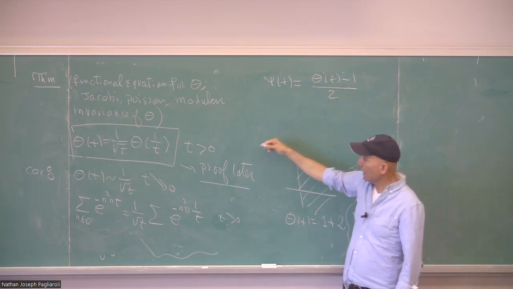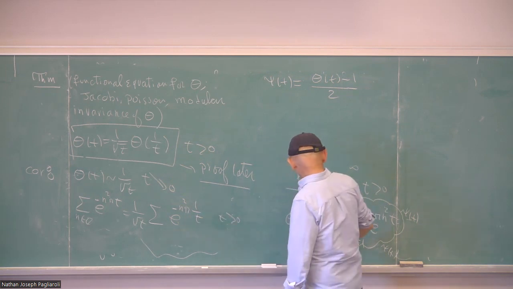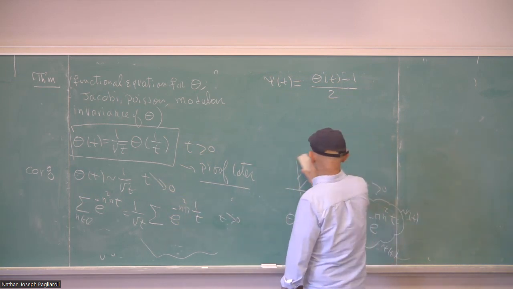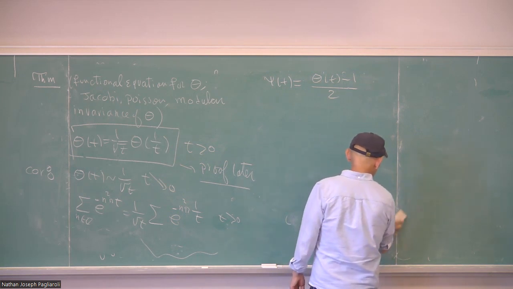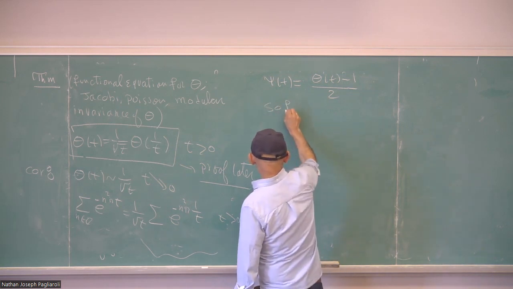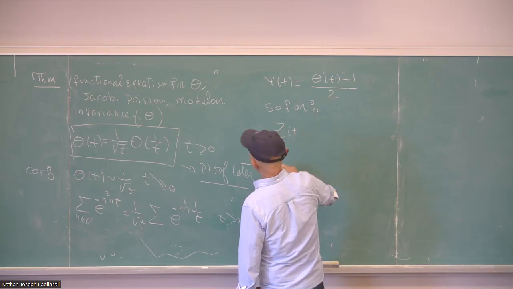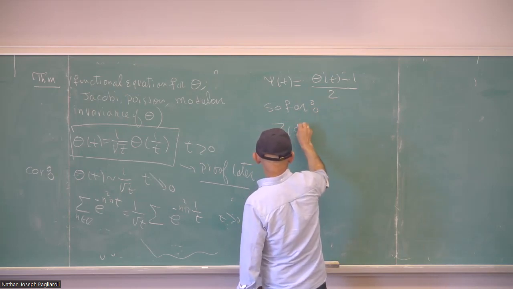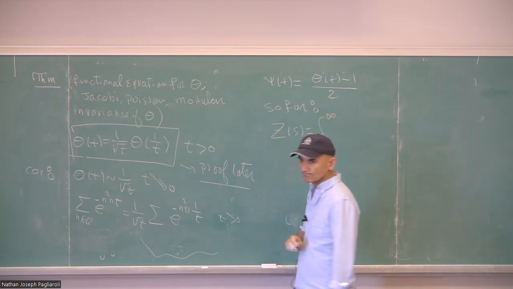Okay, and then what I erased here up to that point basically said that we have proved so far the following relation. So the story so far is that we have got this far. Z of s, sorry, is equal to the integral from 0 to infinity.